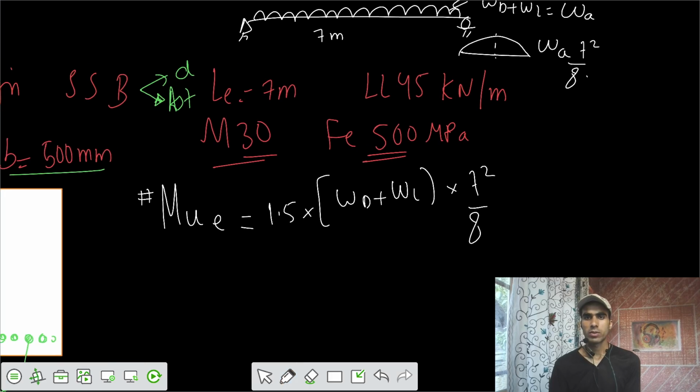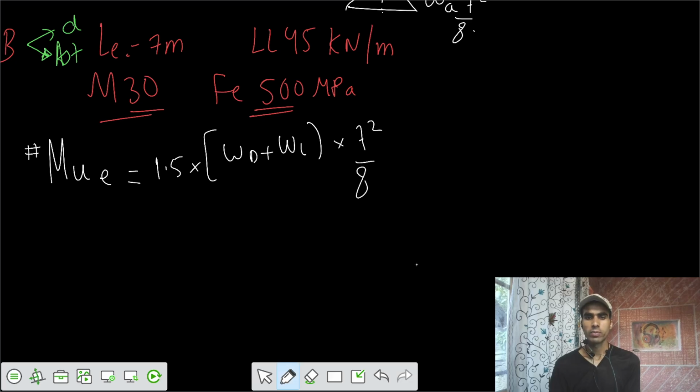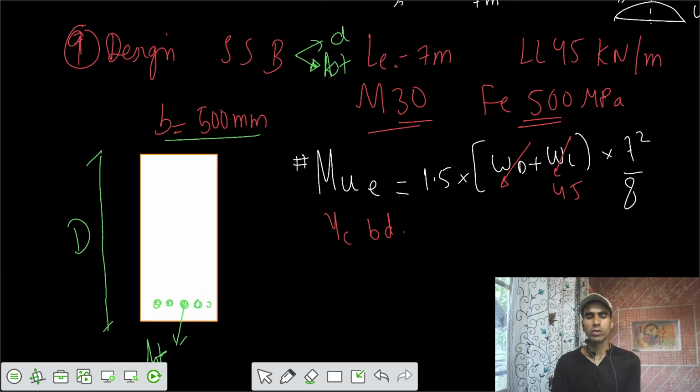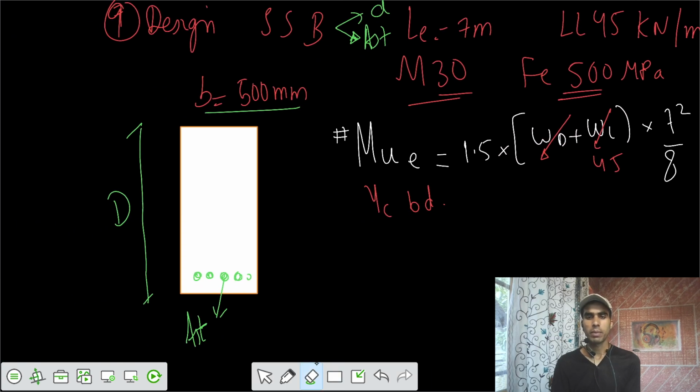Live load is given to you as 45, and dead load is gamma concrete into B into D. Everything we know, but we don't know the value of D. Actually, it should be capital D here. What should we take the value of D to be?